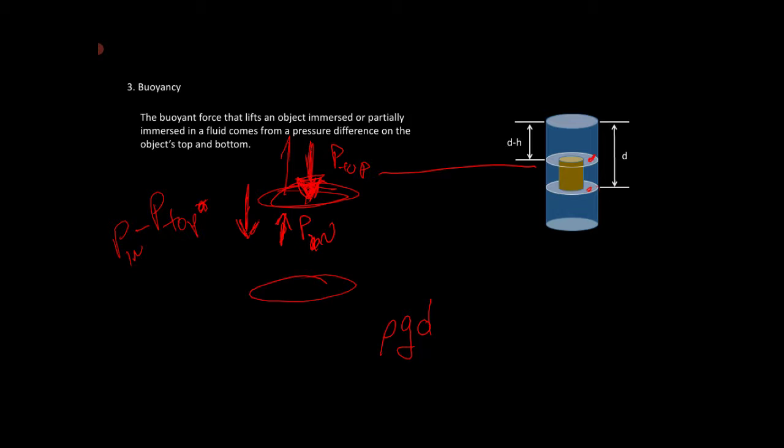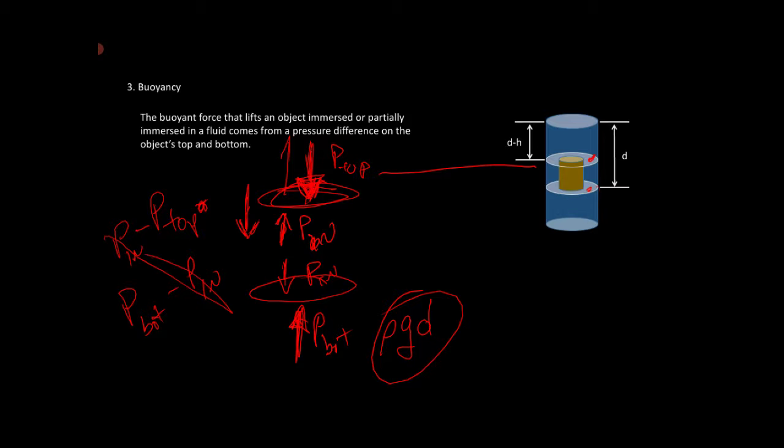Then we come to the bottom part here, we have P in over here. So in the interior, the force isn't really changing very much, the pressure isn't changing very much. And then on the bottom we have a larger force pushing up because it's farther down. So that's P bottom minus P in. We add those two forces, the insides cancel, and you just get the pressure from the bottom minus the pressure from the top.